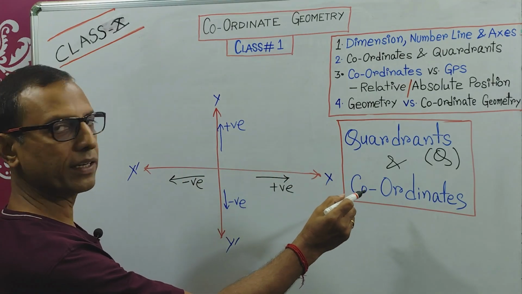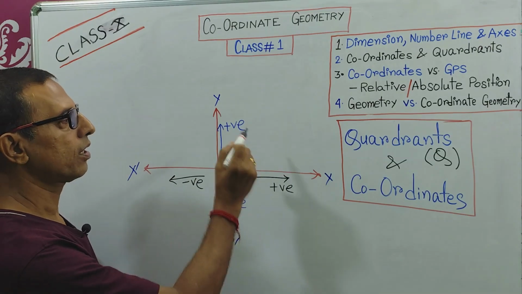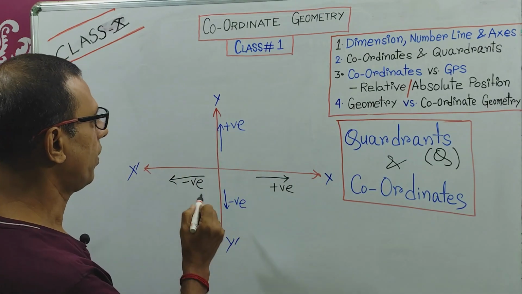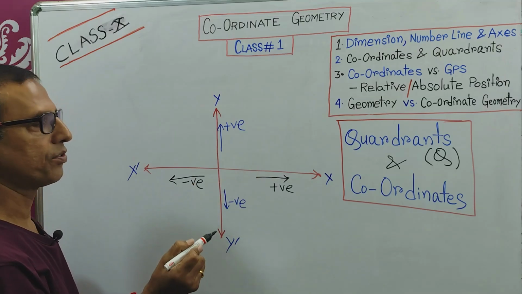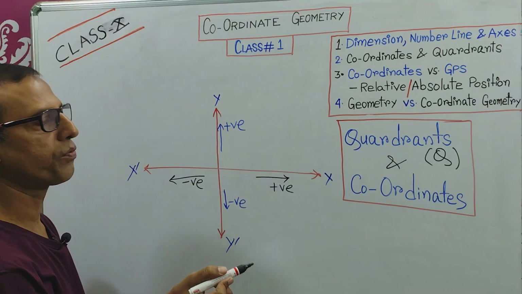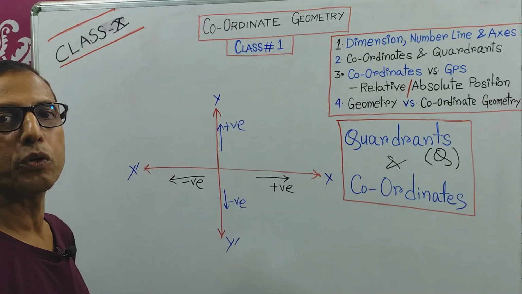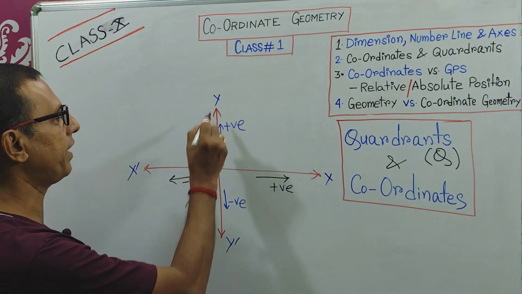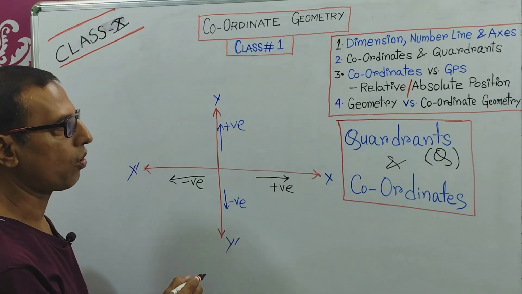how the coordinates change over the quadrants. So as I said, what are the quadrants? Quadrants, when you have a 2-dimensional picture, right? 2 dimensions, that is for a plane actually. So for a plane, a 2-dimensional figure, you have the x-axis, that is the abscissa, and the y-axis, that is the ordinate.